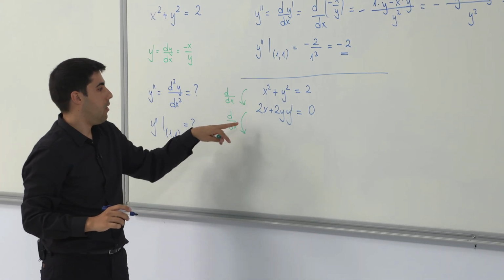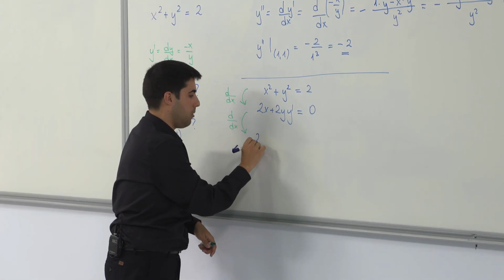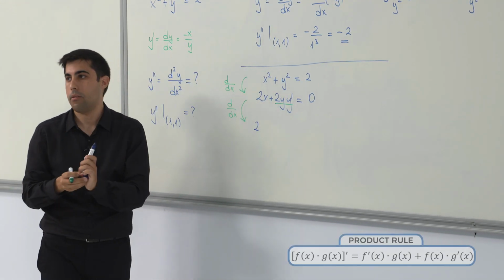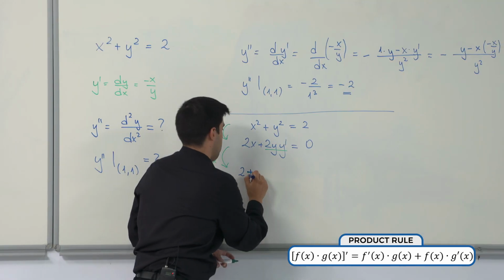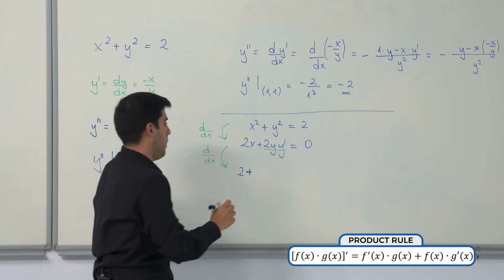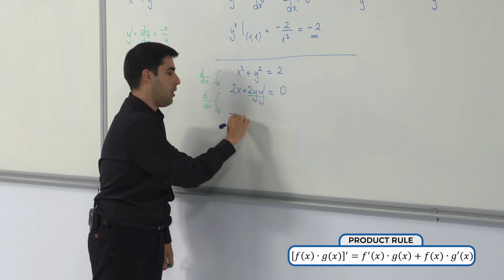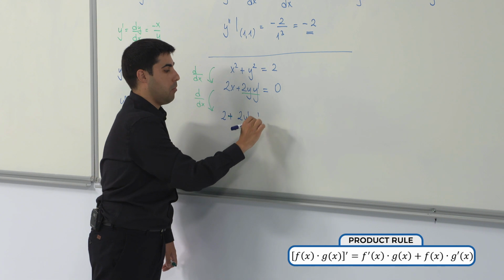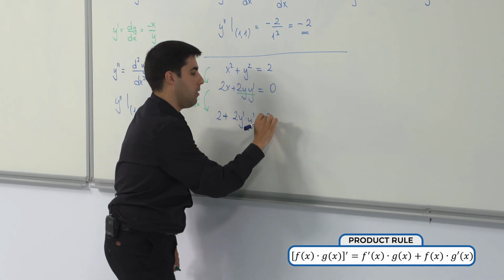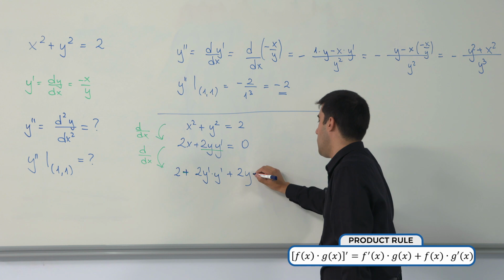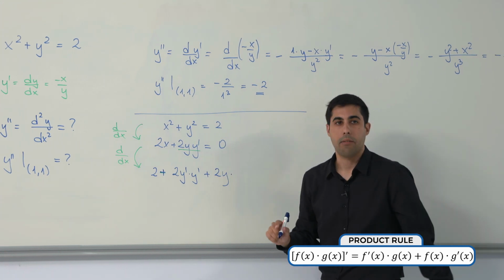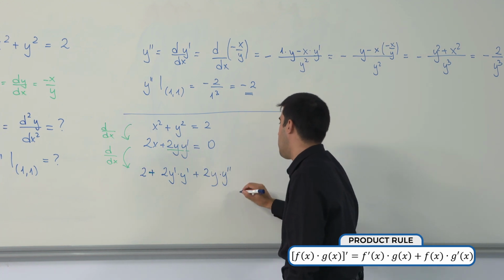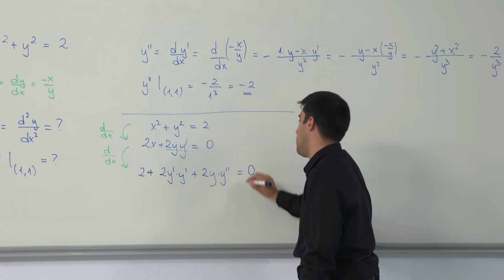Now, the derivative of 2x with respect to x is 2. Again, careful, we have a product over here, so we have to use the product rule, plus the derivative of the first one, 2y, which gives us 2y prime, times the second one, y prime, plus the first one, 2y, times the derivative of the second one, which is the derivative of y prime, so it's y double prime, equals the derivative of 0, which is 0.